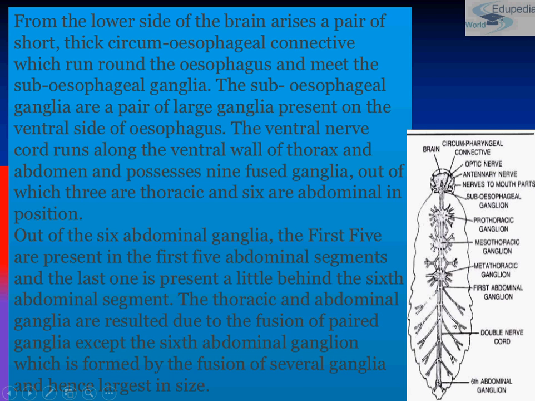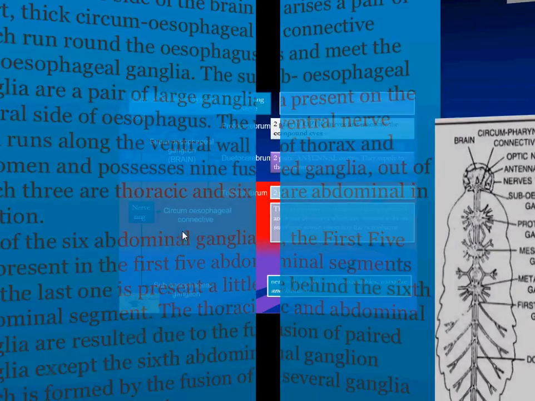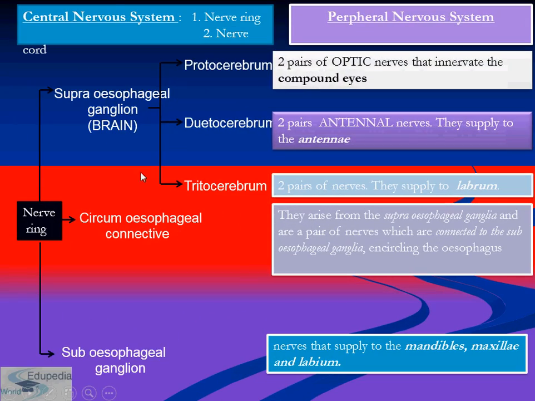The thoracic and abdominal ganglia, except the 6th abdominal ganglion, result from the fusion of paired ganglia, formed by the fusion of several ganglia, and hence they are largest in size. The central nervous system of cockroaches has a nerve ring and a nerve cord.